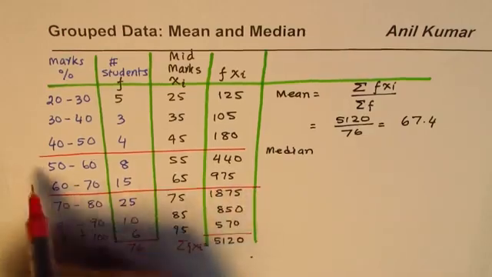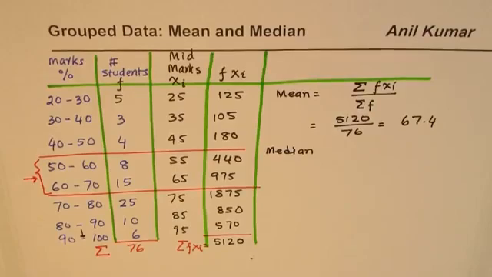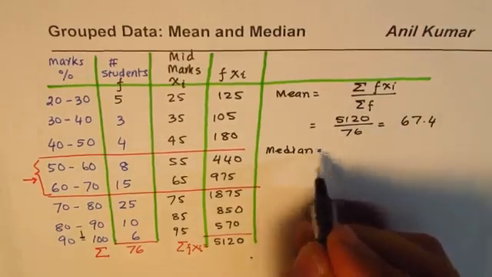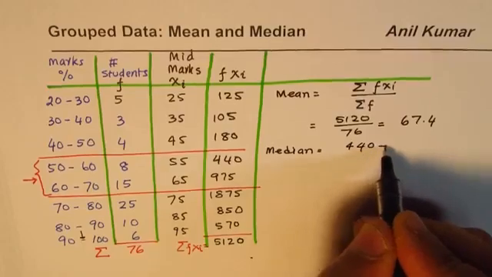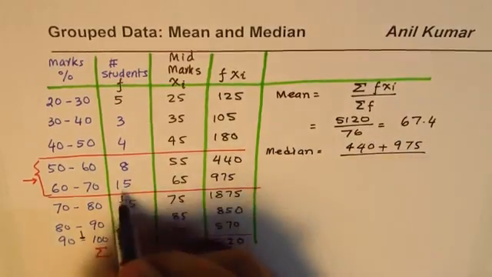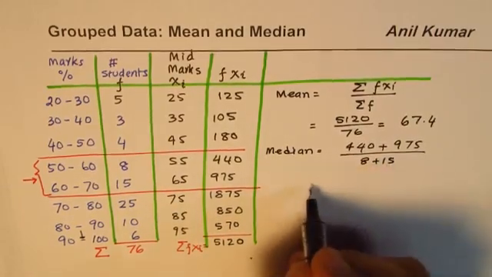Somewhere in the middle, we are expecting the median to be. Since it's grouped data, we'll add these two, which is 440 plus 975, and divide by the total number of students in these groups, which is 8 plus 15. Do you get the idea?